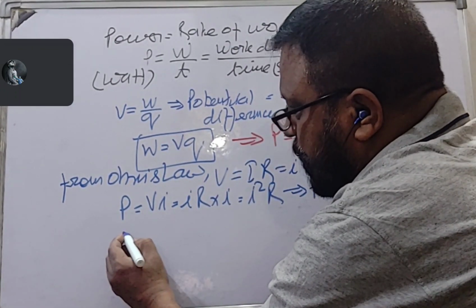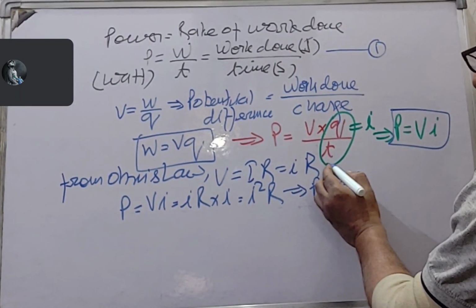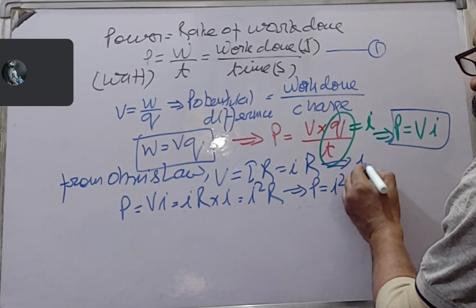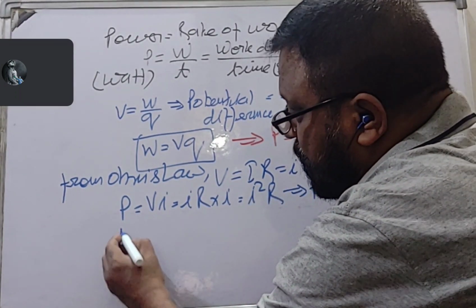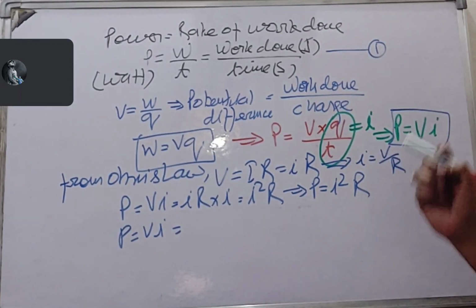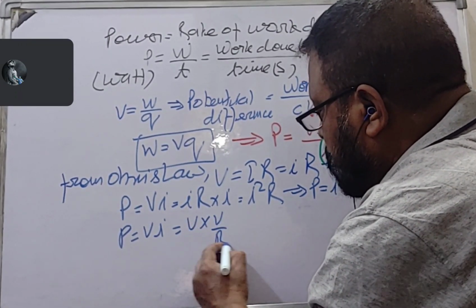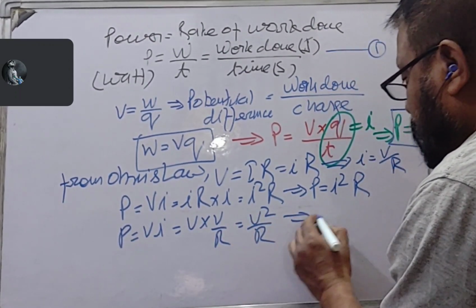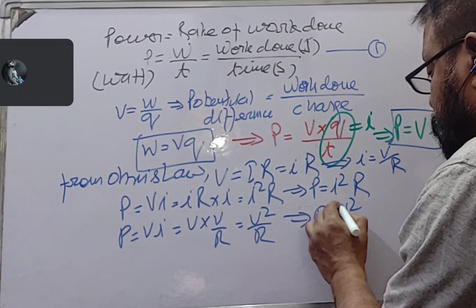And similarly, we can write I is equal to V upon R, right? So if we take P is equal to VI, and now I is V upon R, so V into V upon R is equal to V square upon R. So we can write P is equal to V square upon R, right?